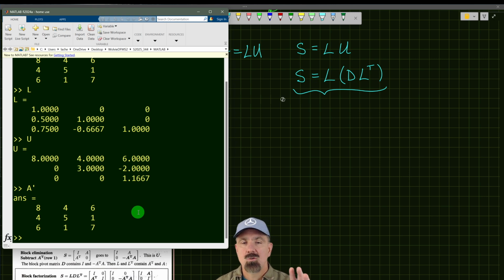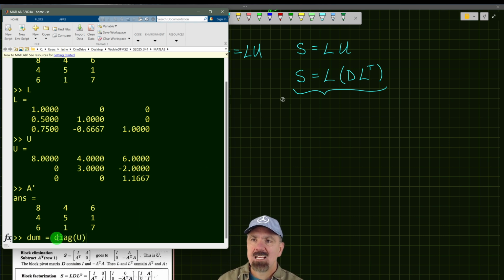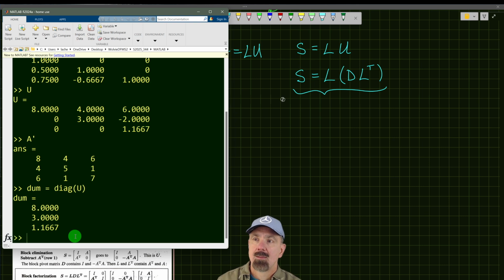Let me introduce you to another function in MATLAB. What I'm going to do is just call this DUM, and this is the diagonal of U. So that diag command actually does two things for us. If I feed it a square matrix, it will pull off the values that are on the main diagonal as a vector. And that's what I'm going to do here.